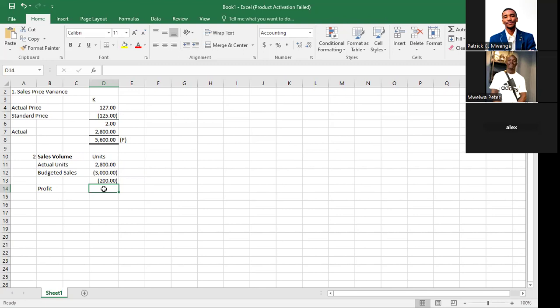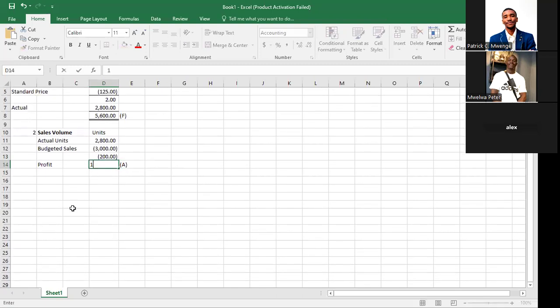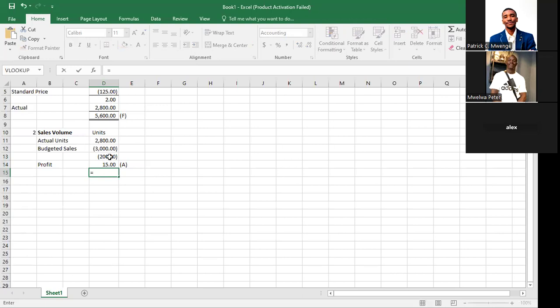And then what is the standard profit? It's 15 kwacha. So you multiply by 15, and it's going to give us the variance that we are looking for. This is relatively simple information, which I'm sure you already have knowledge of.